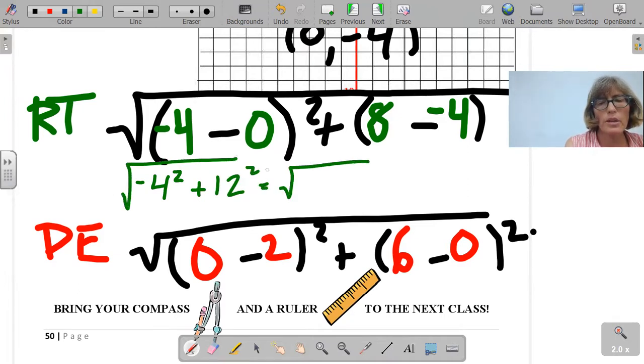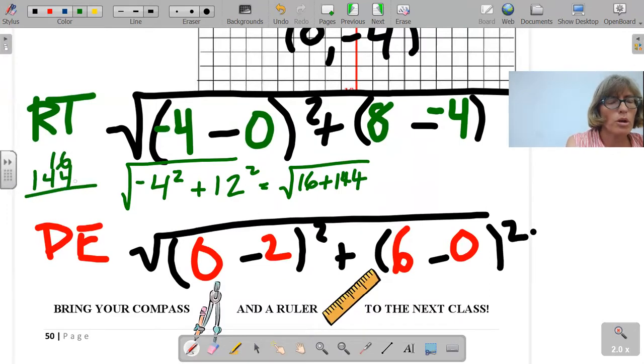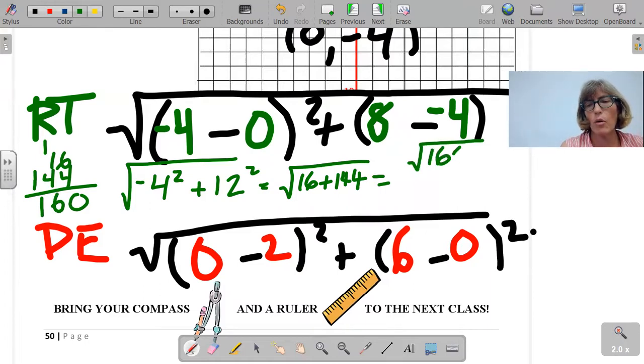This ends up being 16, 144. So 16 and 144 in the margin, and we get the square root of 160. Now, see how the comparative distance is here. If you just leave it 160, we're going to need to factor this out.